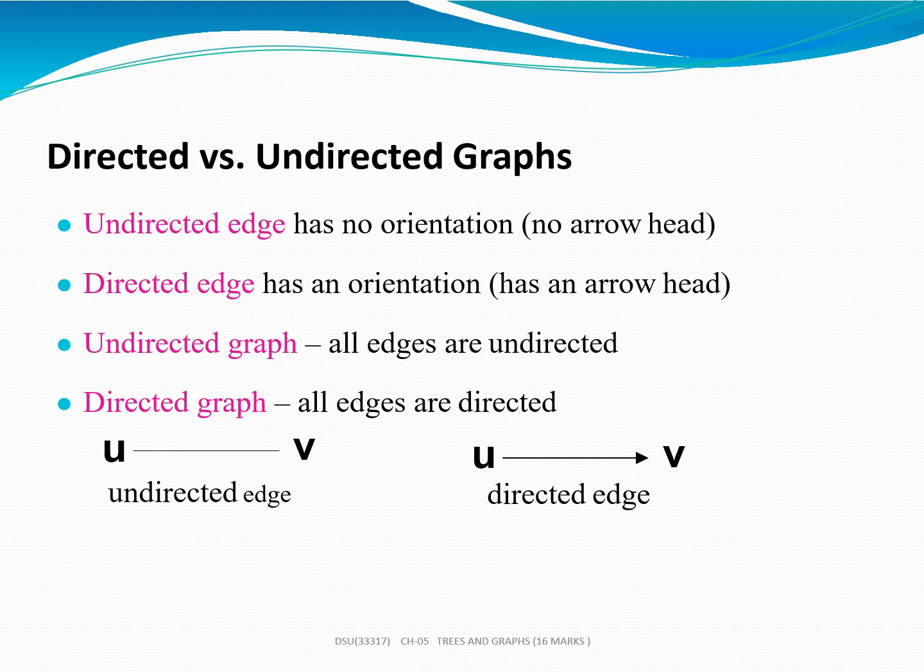It means it has an orientation with the arrowhead. See here, this is the undirected edge U2V, because this edge has no orientation. So U2V here is a directed edge because it has an orientation with this arrowhead.